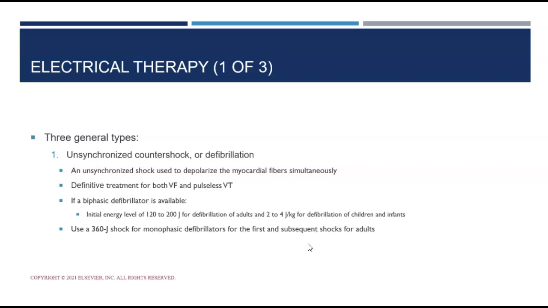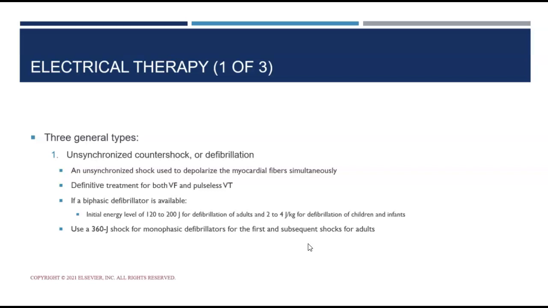Typically, you're going to see mostly biphasic defibrillators nowadays in the hospitals. Biphasic defibrillators send energy from one pad to the other and then back. So the energy crosses the heart twice, and you need less energy when you're using a biphasic defibrillator.